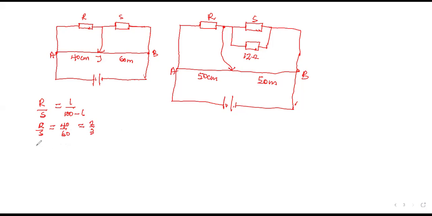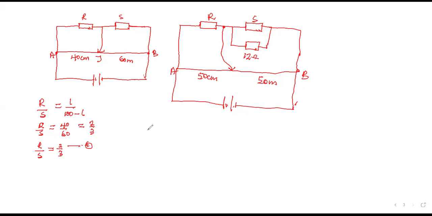So we have R over S equal to 2 over 3 at the first balance point.